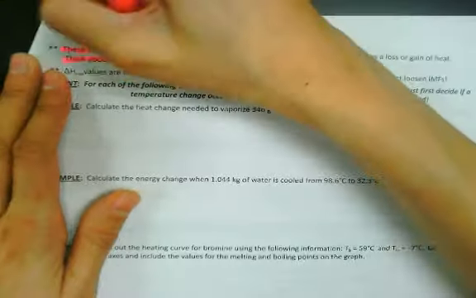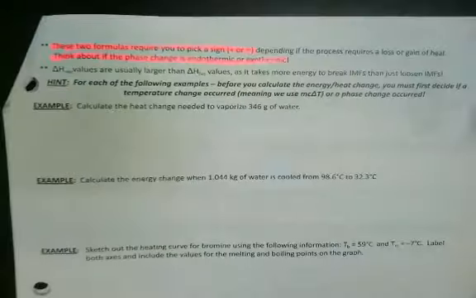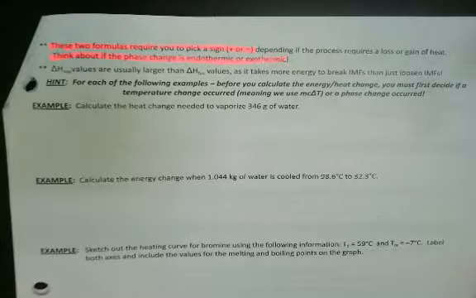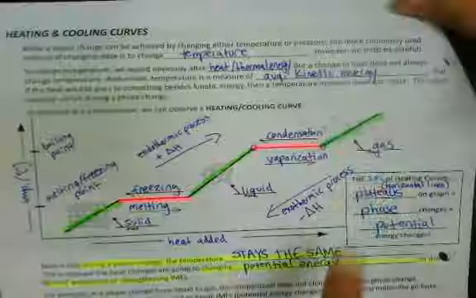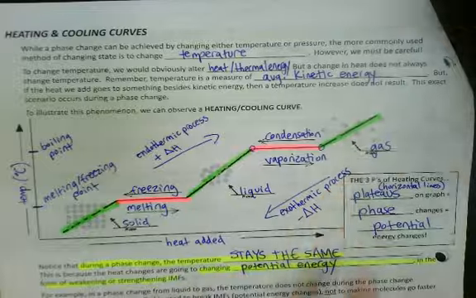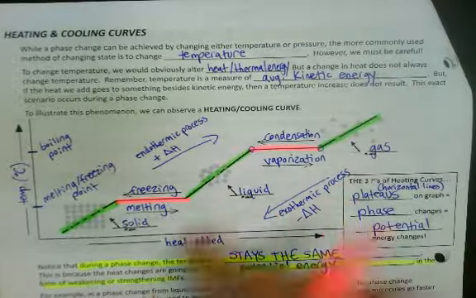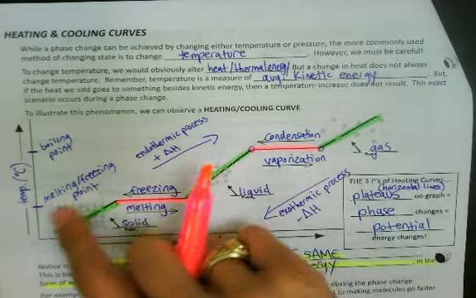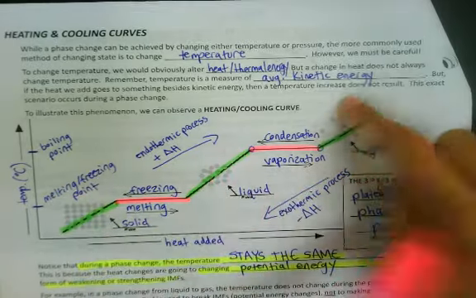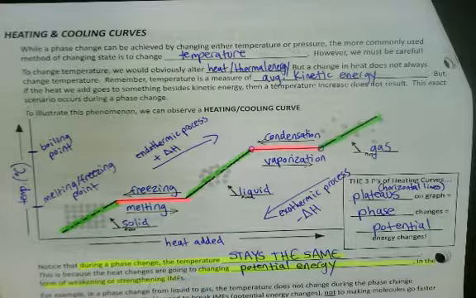So for these specific problems for phase changes, you are going to actually have to think about if the phase change is endo or exothermic, which is why I drew these arrows showing you that going in this direction represents exothermic processes, whereas going from the solid to liquid to gas direction is an endothermic process.